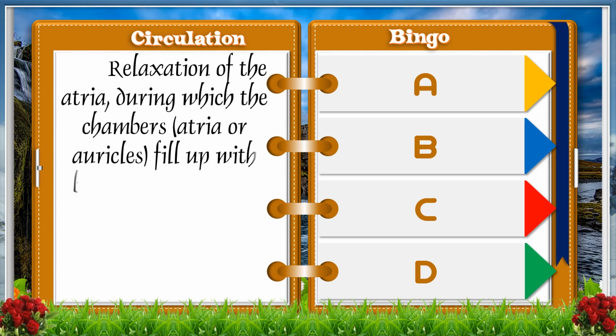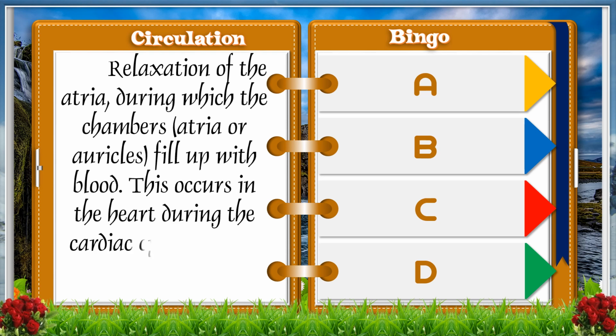Relaxation of the atria, during which the chambers, that is the atria or auricles, fill up with blood. This occurs in the heart during the cardiac cycle.